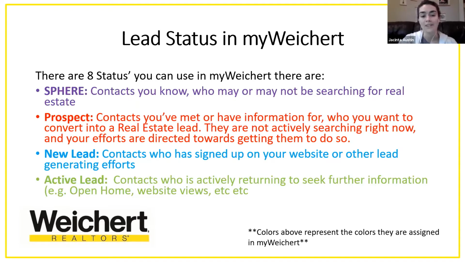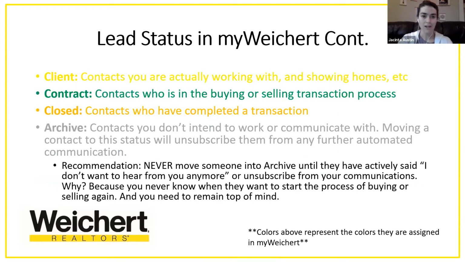New lead, this is a contact that has signed up on your website or other lead generating efforts, be it Facebook, an open home, a networking event, anything like that. An active lead is a contact who's actively returning to seek information, so open home, website views, etc. Client is a contact you are actually working with, be it showing homes, signing forms, that kind of thing.